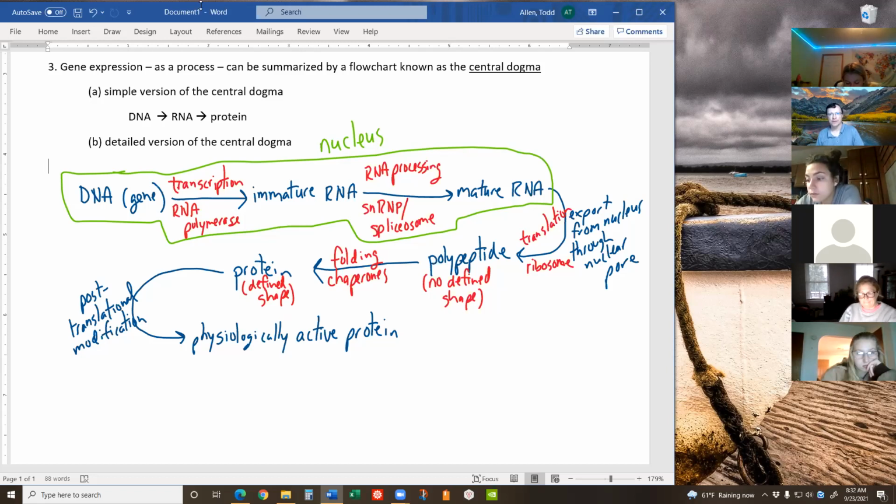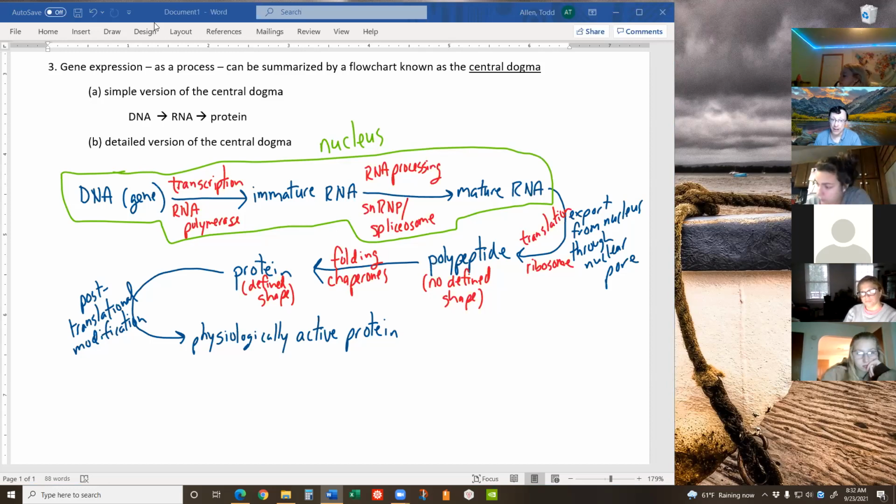Let me ask you this in the chat window. What does the property of shape define? We talked about this before in chapter 2. Okay, thank you, Lauren. Sierra, good job. It defines the function. That's what I'm trying to get you to see.